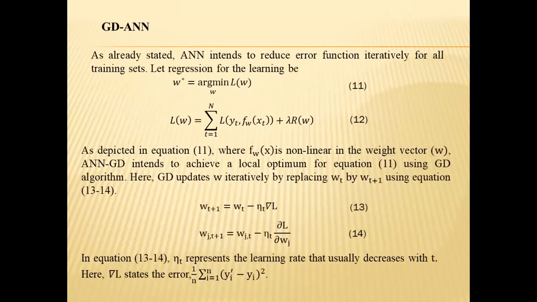Now come to the GDANN, gradient descent artificial neural network. Gradient descent is an optimization algorithm which is commonly used to train machine learning models and neural networks. Training data helps this model to learn over time, which improves its accuracy with each iteration of parameter update.